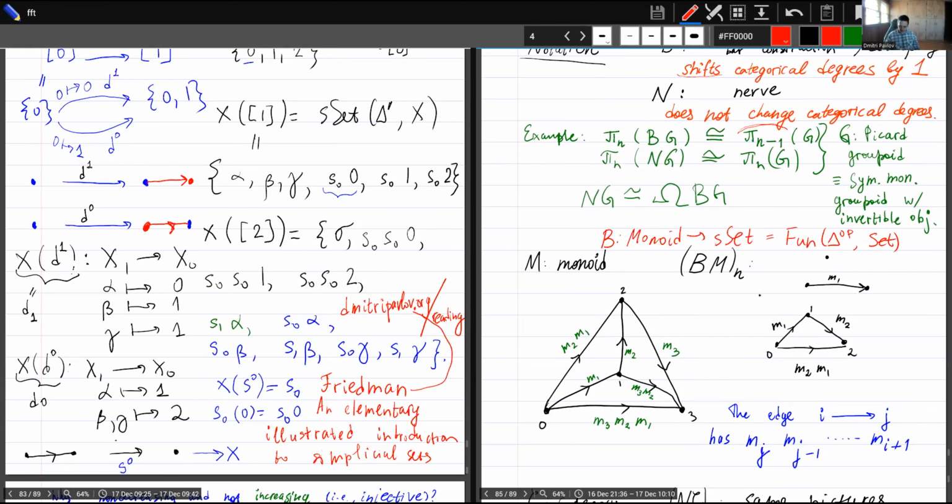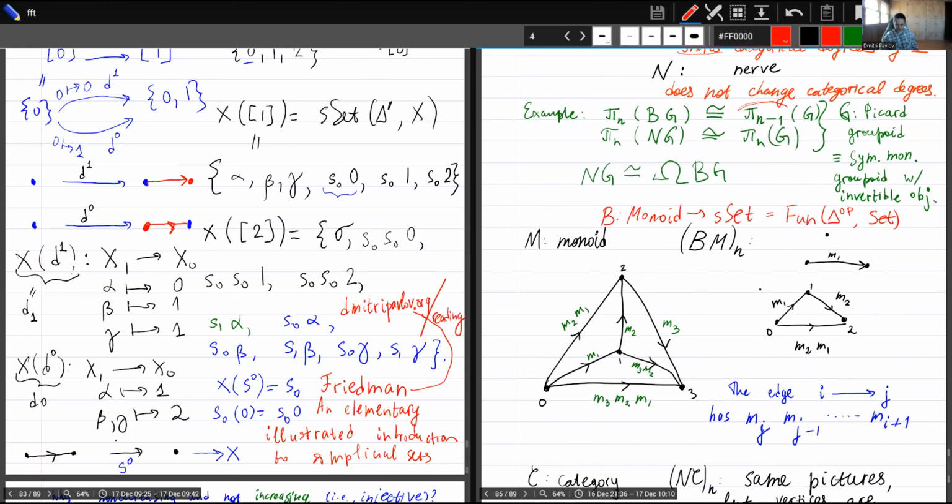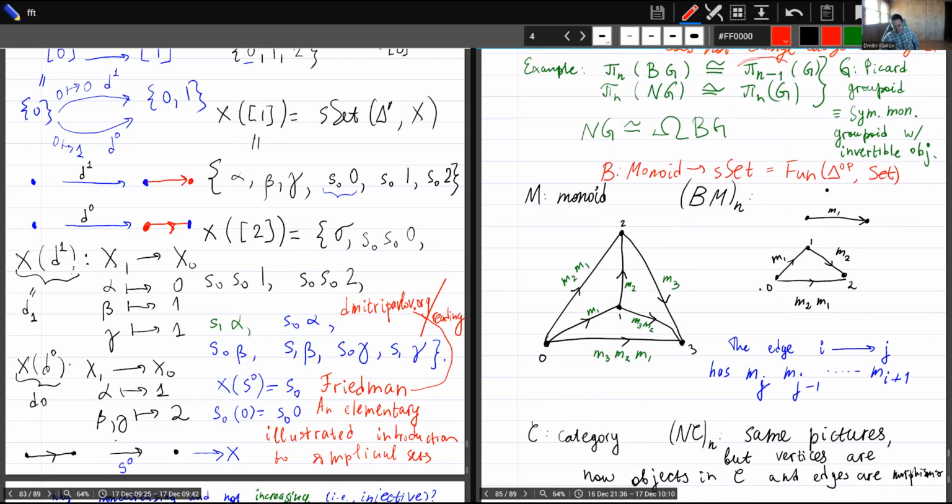That means I will explain it in a bit more detail. Given a monoid, I'm going to construct for you a simplicial set. And to construct a simplicial set, I have to tell you what the sets of n-simplices are, and I also have to tell you what the structure maps are.